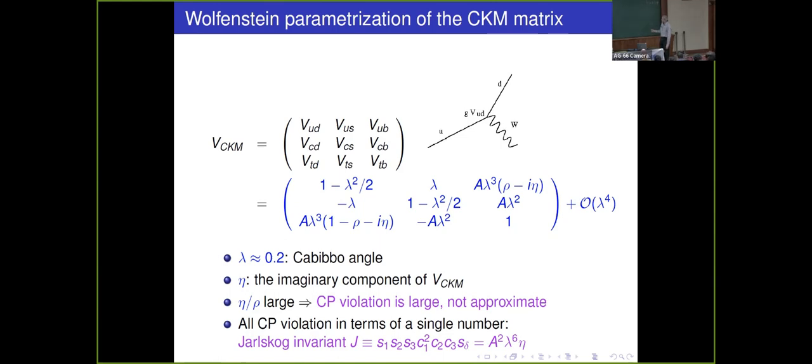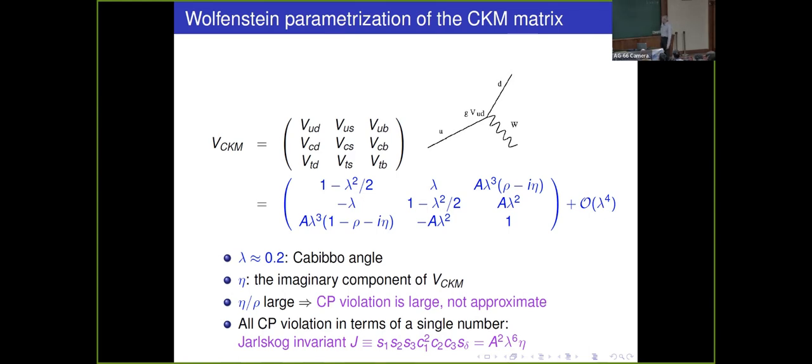The values of these have been measured, and depending on the hierarchy of these values, Wolfenstein came up with a nice parameterization of this matrix in terms of 4 parameters, which were lambda, which is the Cabibbo angle, then A, which is here, then eta and rho, which exemplify the complex nature of this particular matrix.